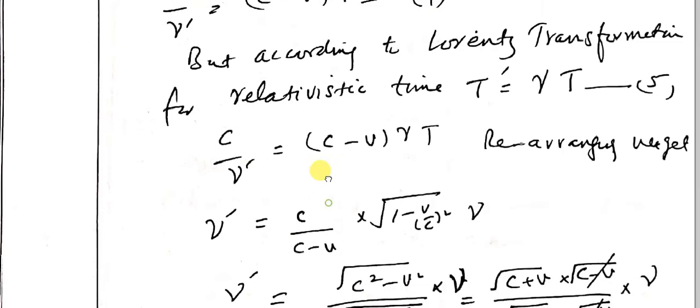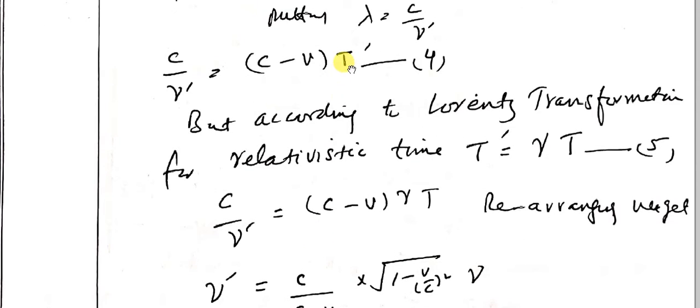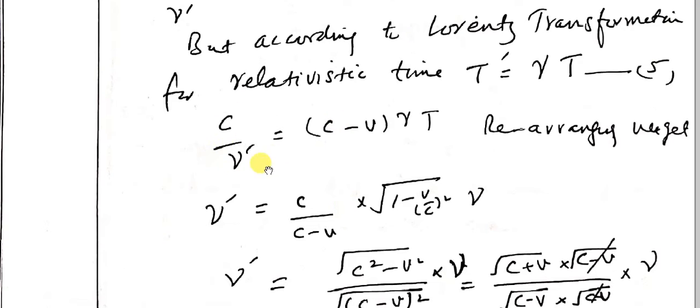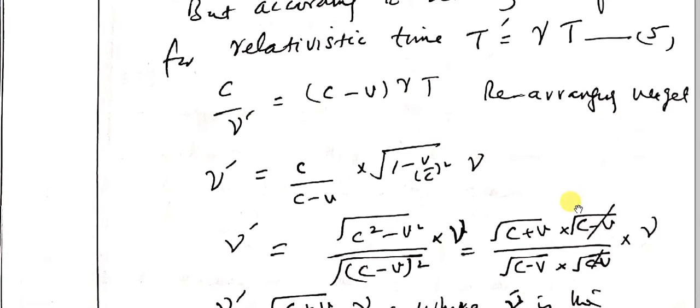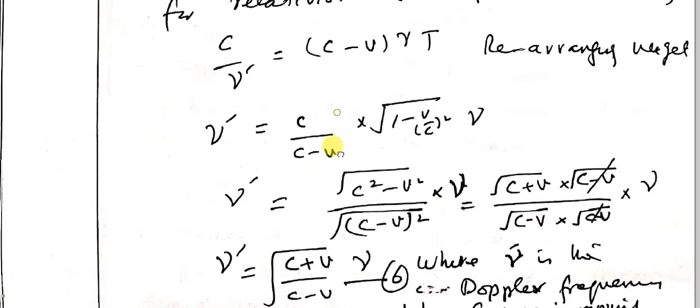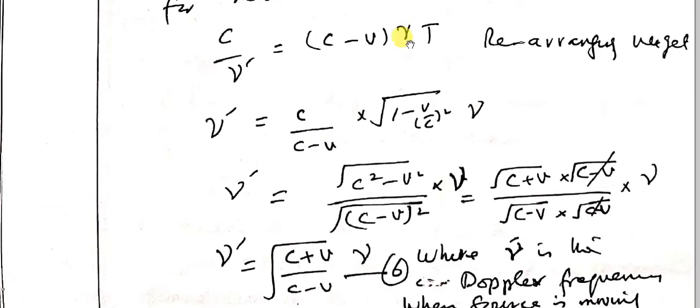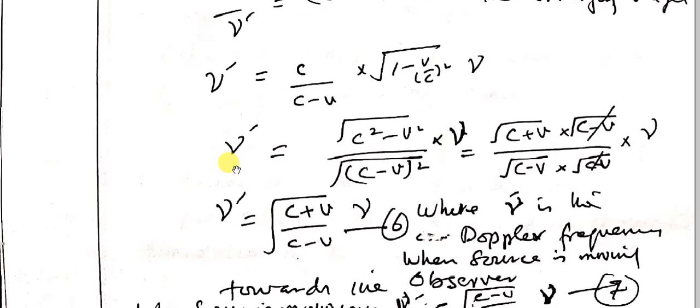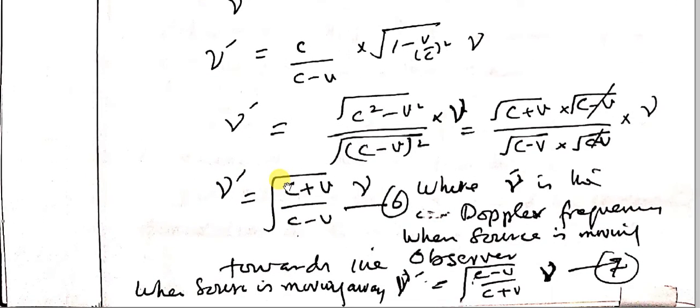Putting in the value of t prime, we get c over nu prime is equal to c minus v, times gamma times t. Rearranging this equation and putting in the value of gamma, which is 1 over the square root of 1 minus v by c whole squared, we get nu prime, the frequency observed by the observer, equal to the square root of c plus v by c minus v, into gamma.